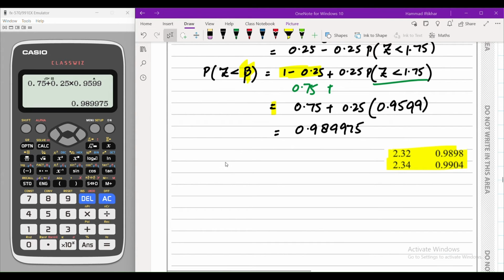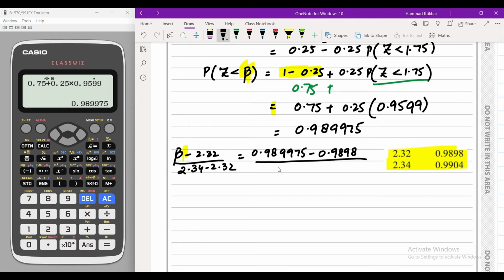Okay, so now let's perform some linear interpolation to figure out this beta over here. So beta minus 2.32 divided by 2.34 minus 2.32 equals 0.9899975 minus 0.9898, divided by 0.9904 minus 0.9898.